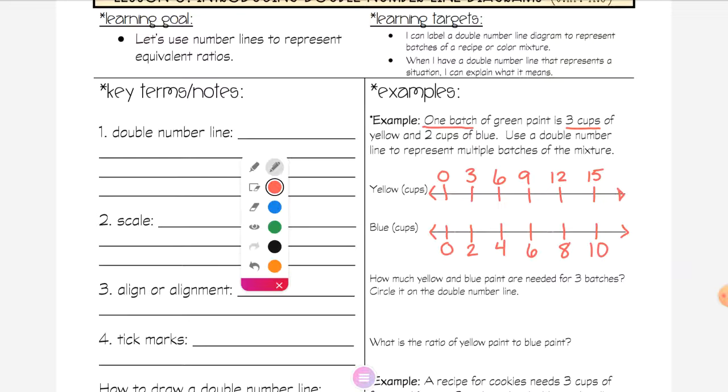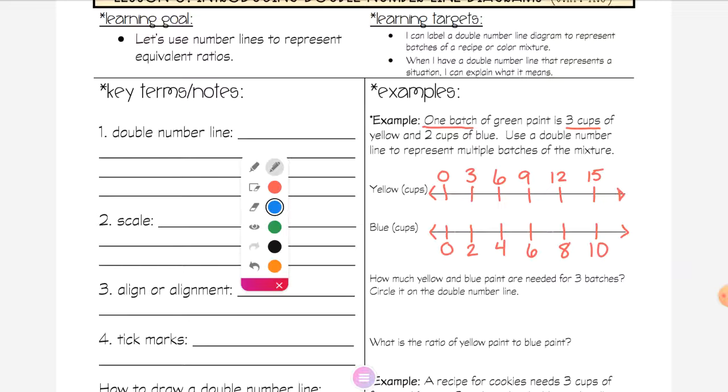We just have to know how to read it. So let's look at the first question. How much yellow and blue paint are needed for 3 batches? Circle it on the double number line. If each set is 1 batch, which of those sets shows me 3 batches?